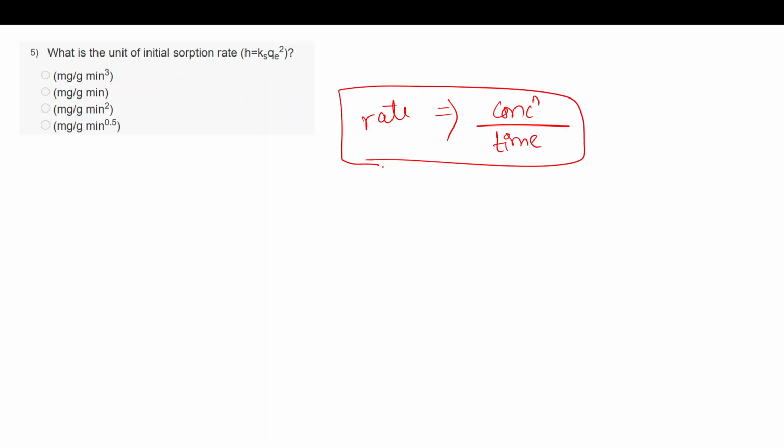This is the thumb rule you can apply for any rate, whether initial or after some time. Since you are talking about adsorption, the concentration of adsorbate on the adsorbent is in milligrams per gram of adsorbent, and time in minutes. So the unit here will be milligrams per gram minute.